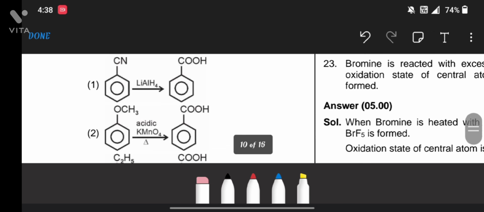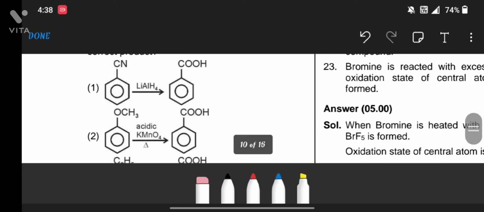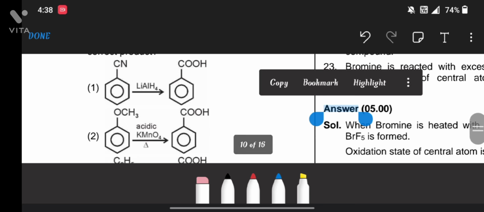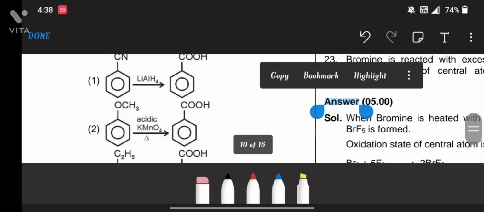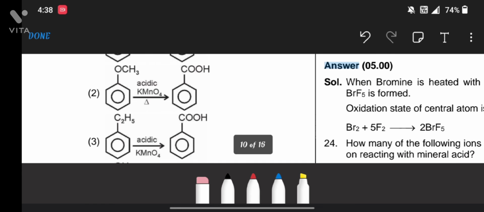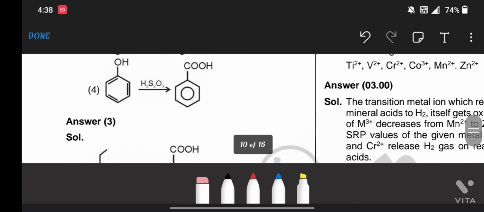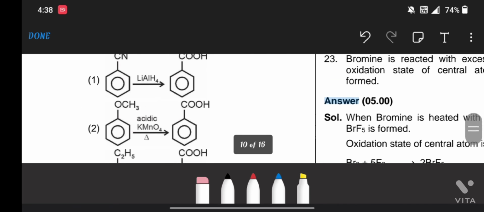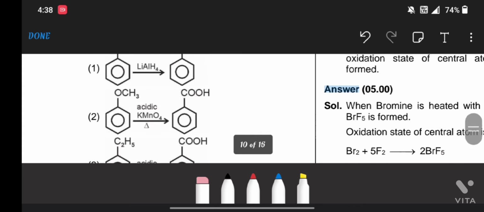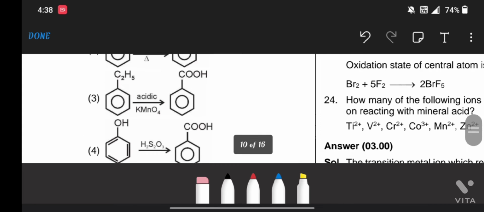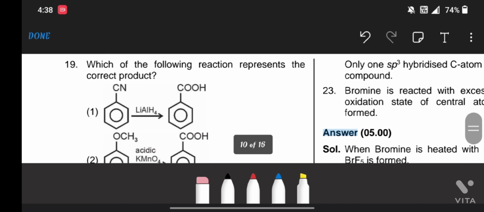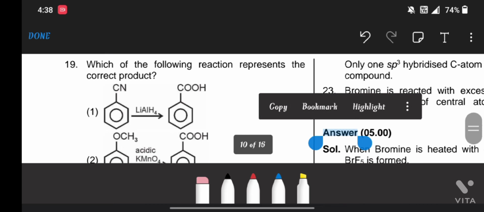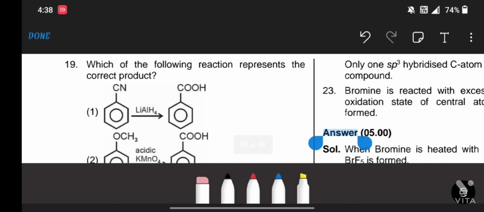Now if we react something with KMnO4, we get COOH. That is, if we react C2H5 with KMnO4, we get COOH. The fourth option cannot happen because one is a benzene ring and this is not a benzene ring. The first option uses LiAlH4, which cannot react with CN, so we cannot get this product.